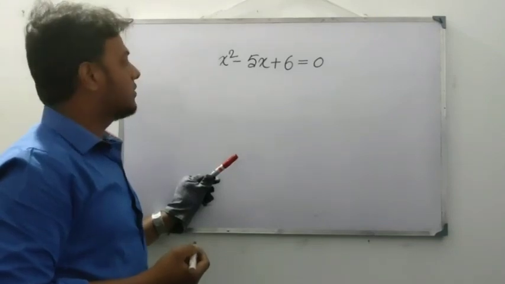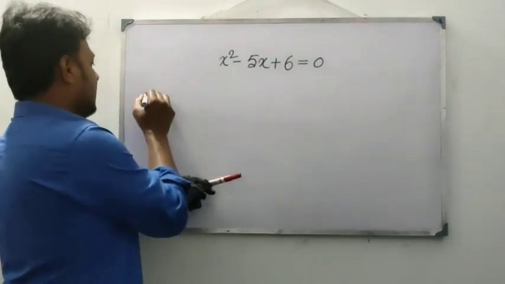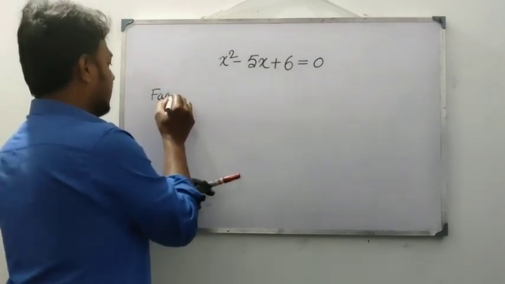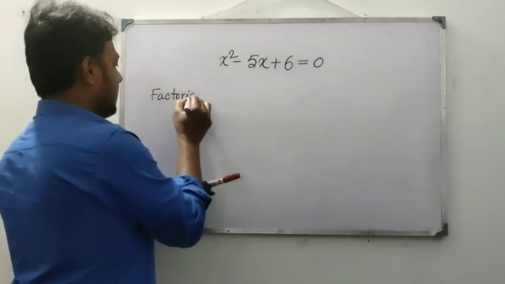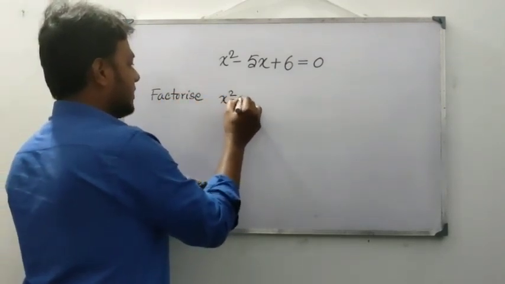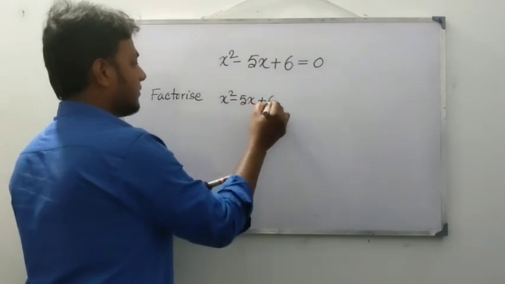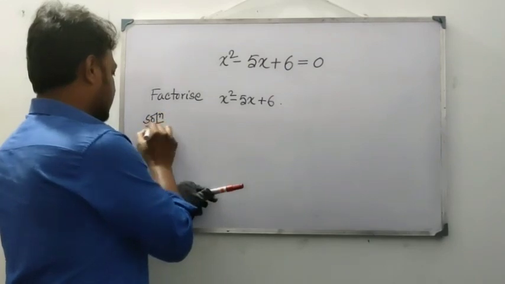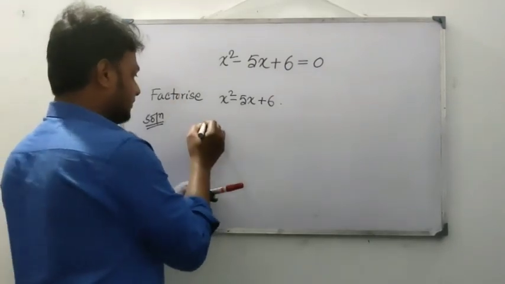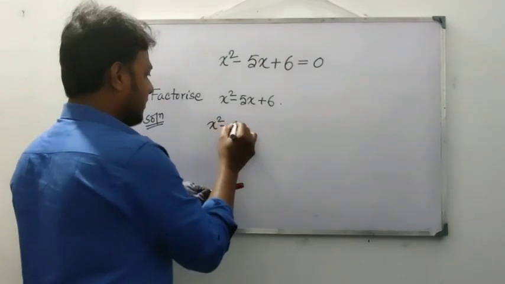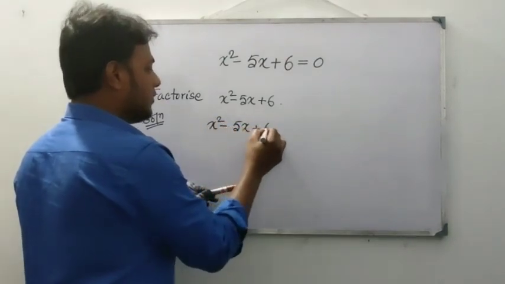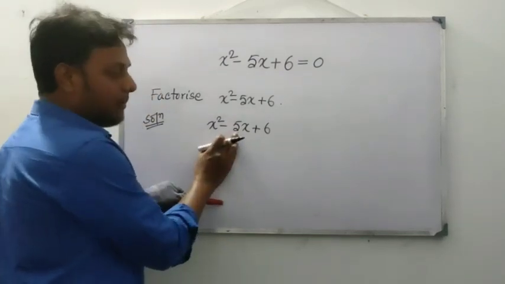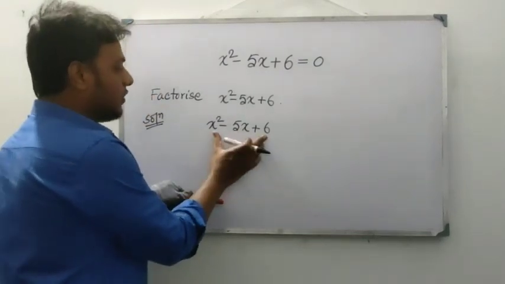Just to remind you, in class 9 there was a question of this form: factorize x square minus 5x plus 6 by using the middle term process. Middle term means you have to match the middle term by the factors of the two extremities.